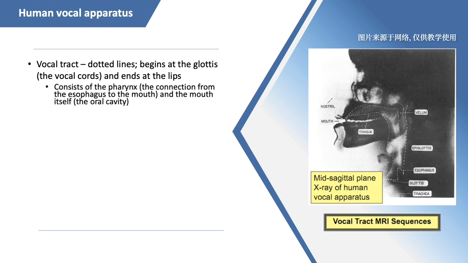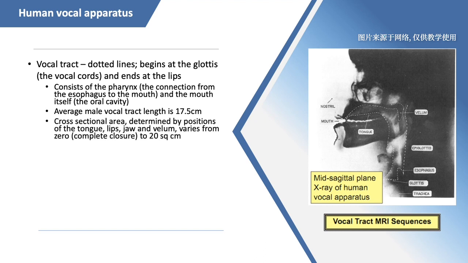It consists of the pharynx, the connection from the esophagus to the mouth, and the mouth itself, the oral cavity. The average length of the male vocal tract system is 17.5 cm. The length of the vocal tract will affect the formant frequency.